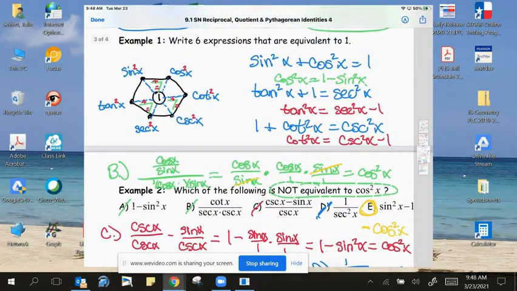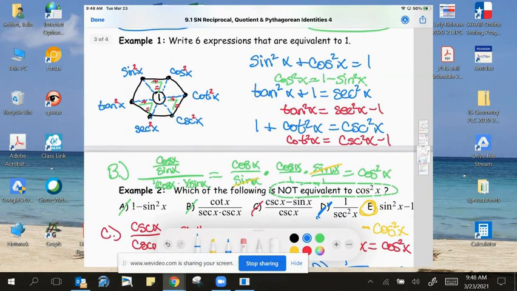Here's our hexagon. Okay, that's the second Pythag identity. We have tangent squared x plus 1 equal to secant squared x. So that tangent squared x by itself would be secant squared x minus 1.